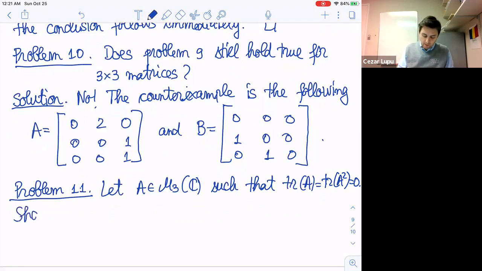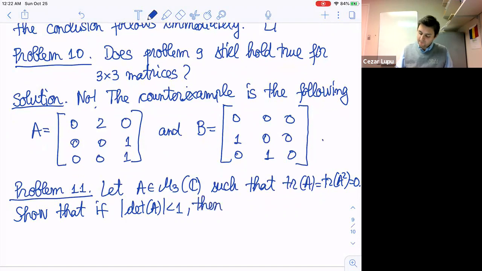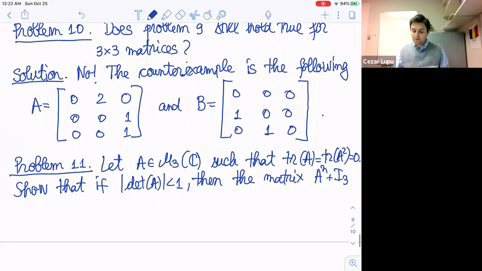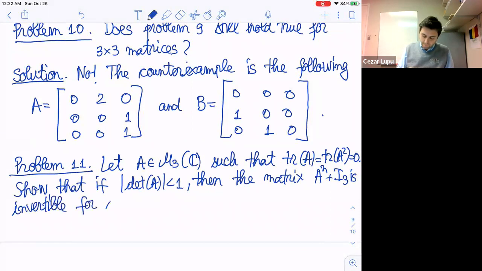Show that if the determinant of A is strictly less than 1 in absolute value, then the matrix A to the power n plus the identity is invertible for all n greater or equal than 1.